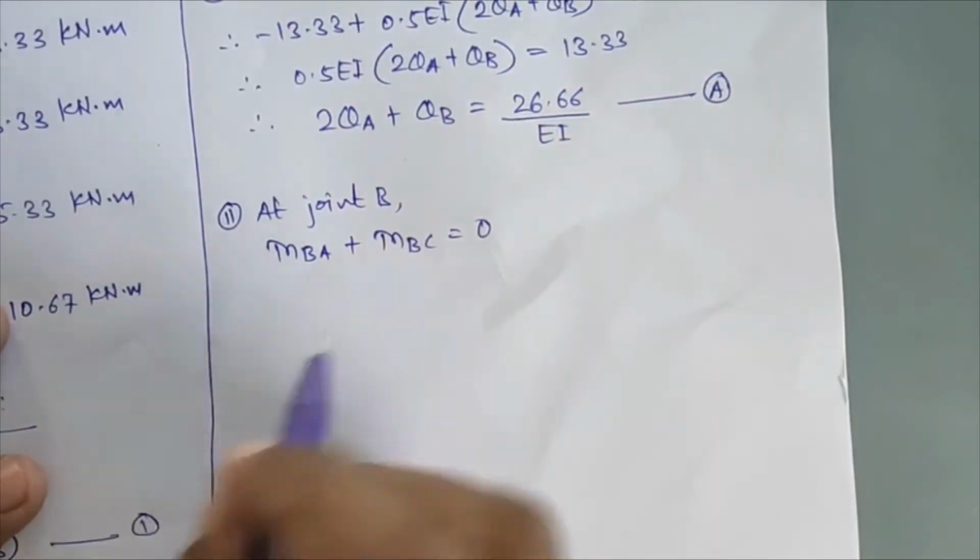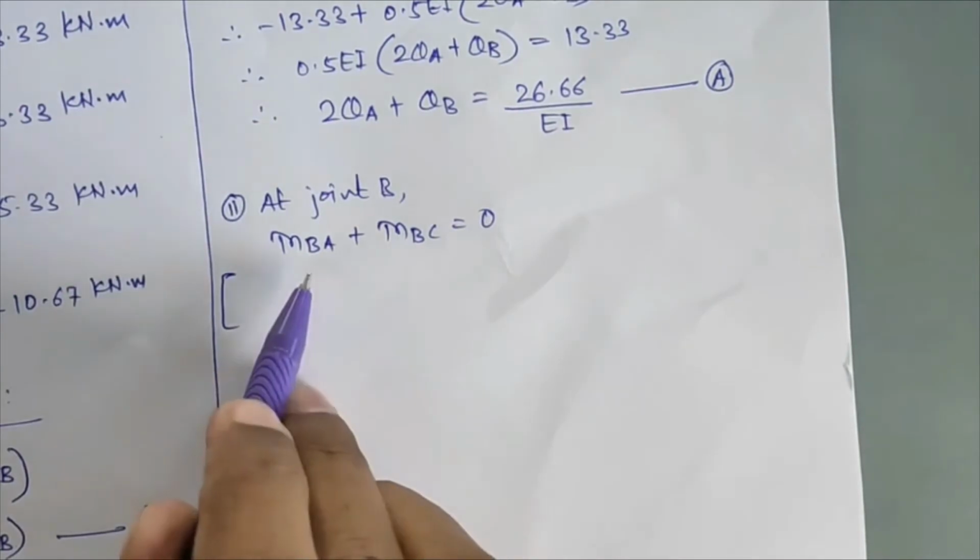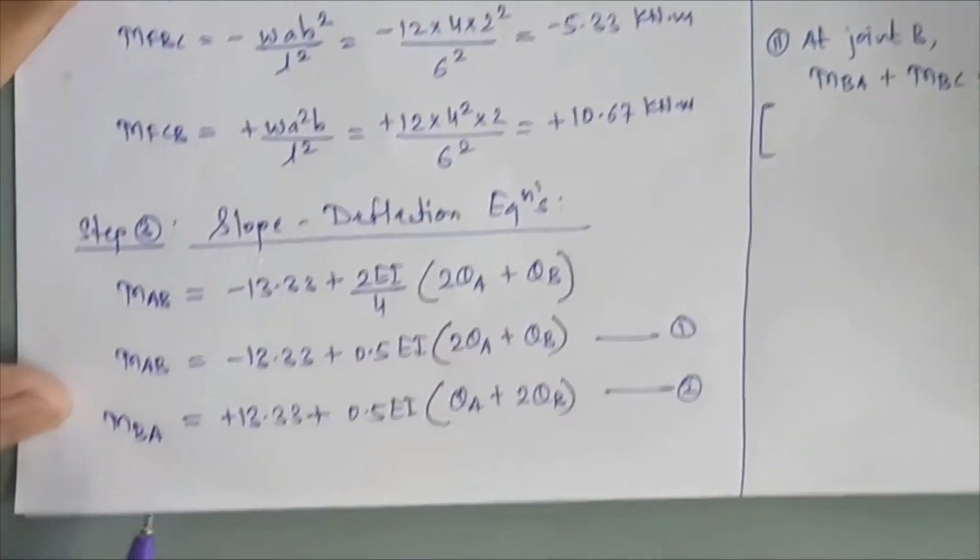So I'll substitute the slope deflection equations of BA and BC here. The equation of BA, which I have got as my equation number 2, I'll substitute over here.